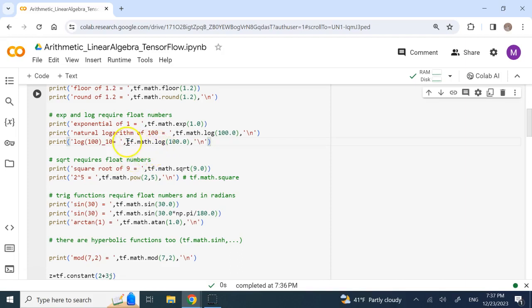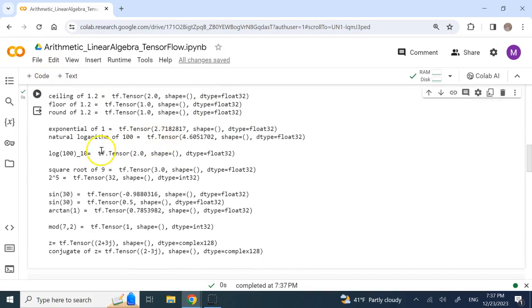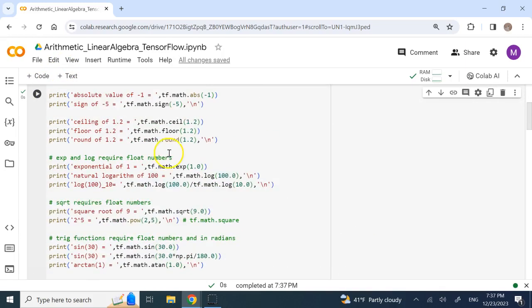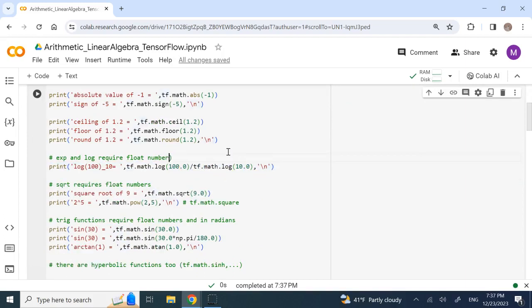So you have to divide natural log of 100 by natural log of 10. Would you get it? Well, let's find out. So we run, you see no error. Now we go and you see the number is 2. So we don't have a log10 function, but we can use the logarithm formula. Okay, let's move on.